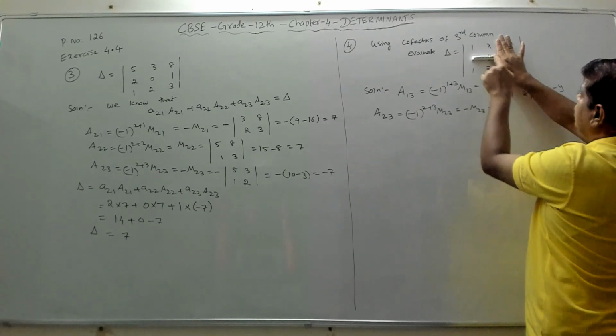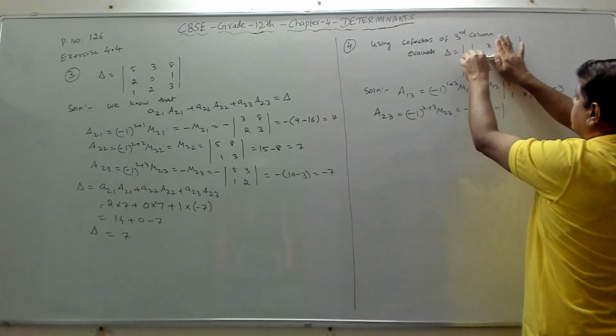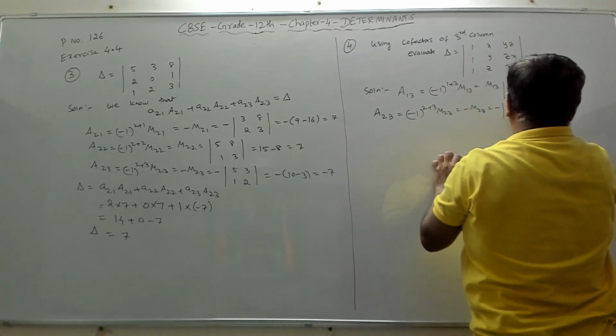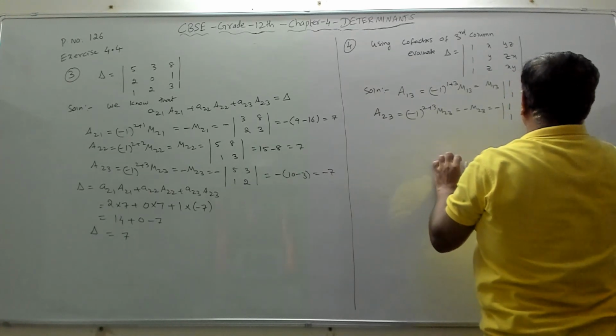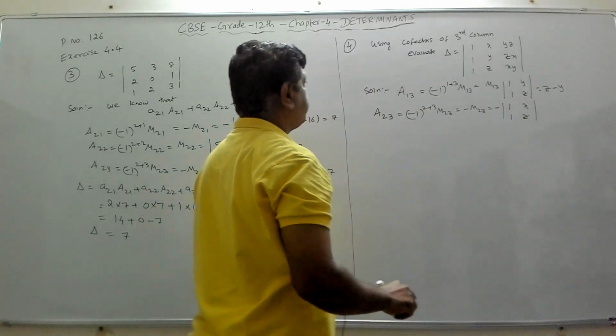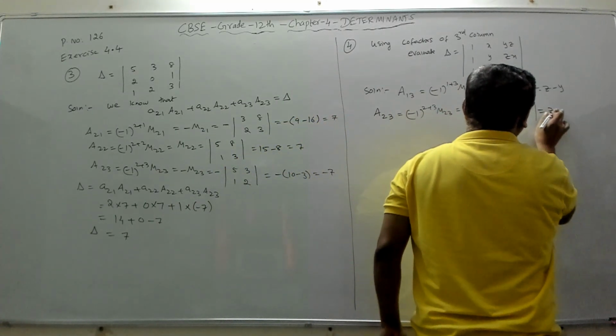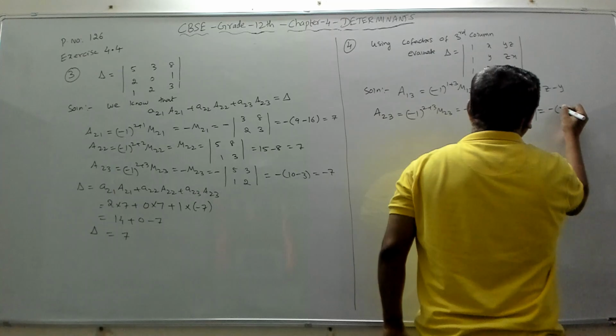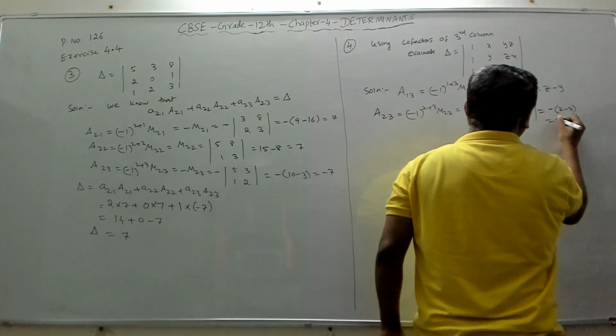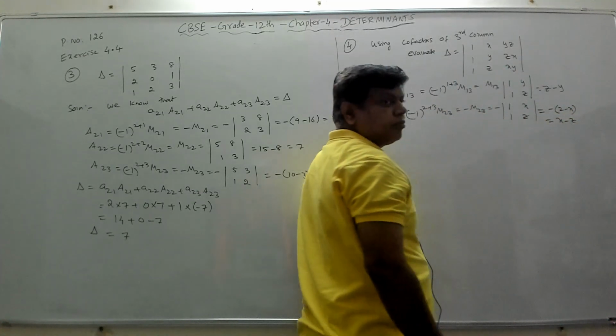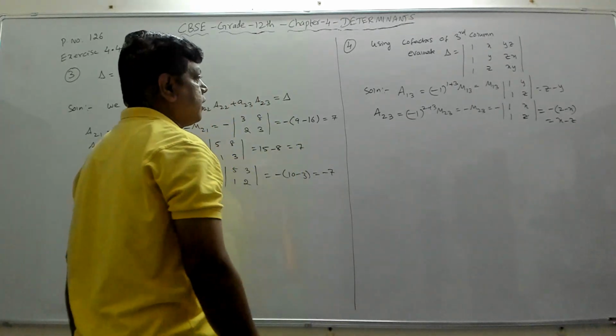If I close these two, I'll get 1 x, 1 z. So 1 into z is z, minus is there. So minus of z minus x. That will become x minus z.